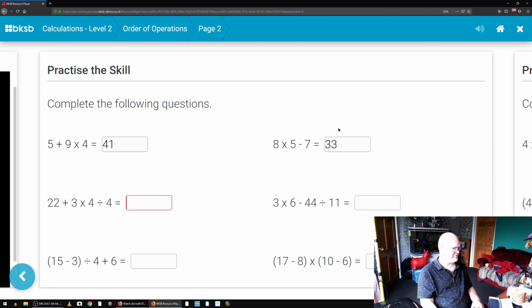And now we've got this: 22 plus 3 times 4 divided by 4. Now that means we have to do the 3 times 4 first. No, we do division first. So we do 4 divided by 4.